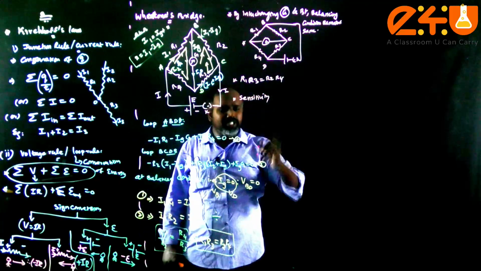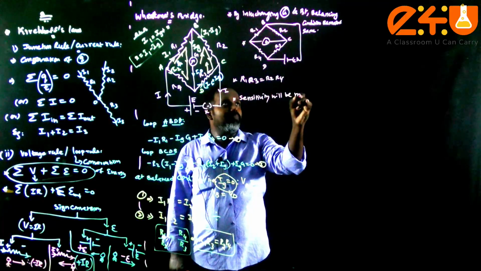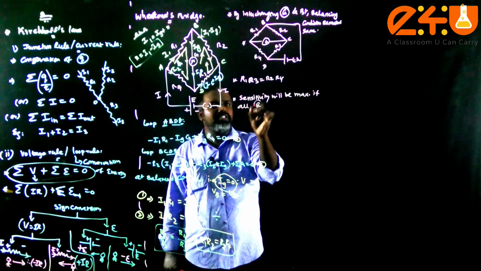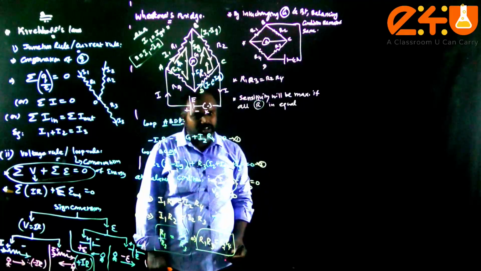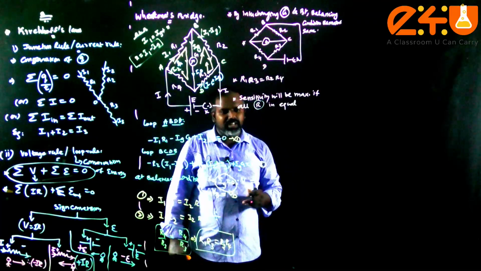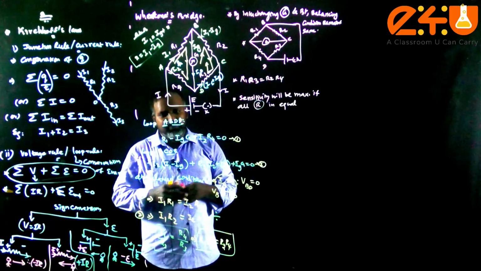Sensitivity means accuracy. Sensitivity will be maximum if all the resistances are equal in order. So at that time we get the maximum accuracy or sensitivity of the circuit. So this is the explanation for the Wheatstone bridge.